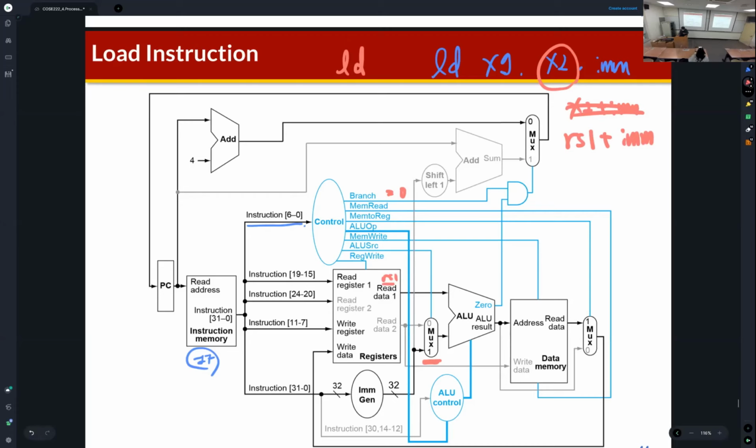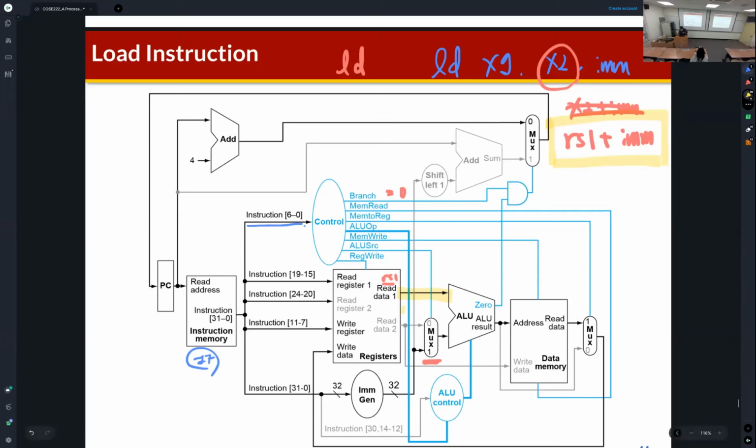We can find that one of the inputs of the register file is directly connected to the ALU, but the second input of the ALU is connected from the multiplexer. And then, for the load instruction, we need to perform RS1 plus immediate.